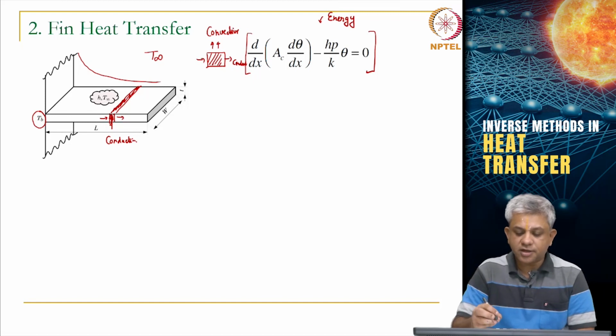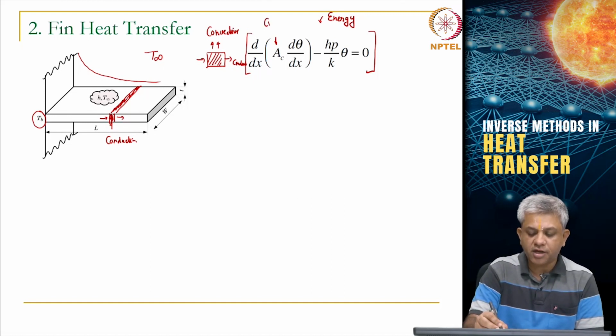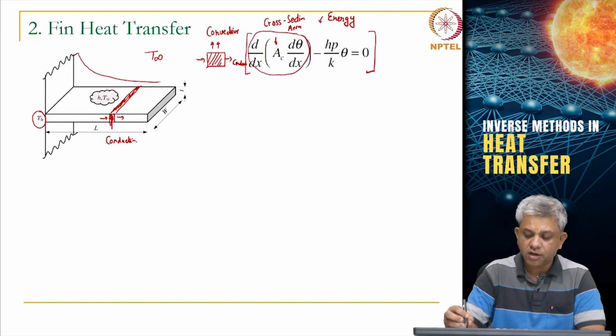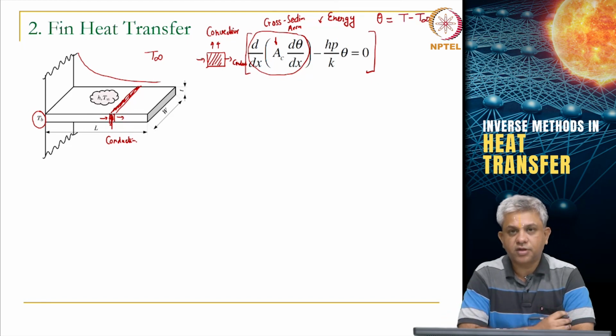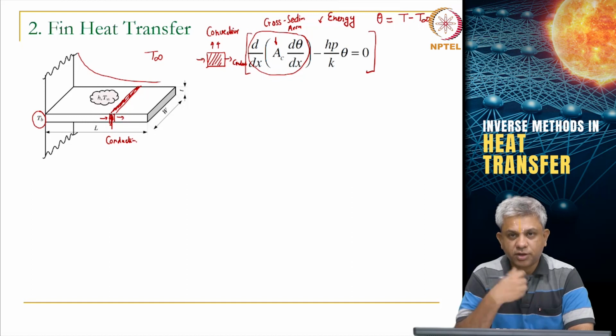Now, what you see here is Ac, the cross sectional area, and you can see this term. I will explain what theta is shortly. Theta is basically the temperature deficit with respect to T infinity.